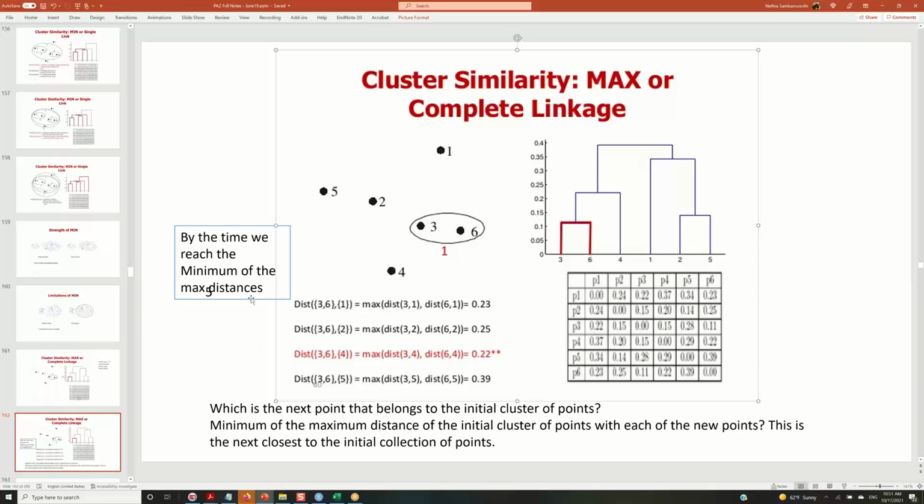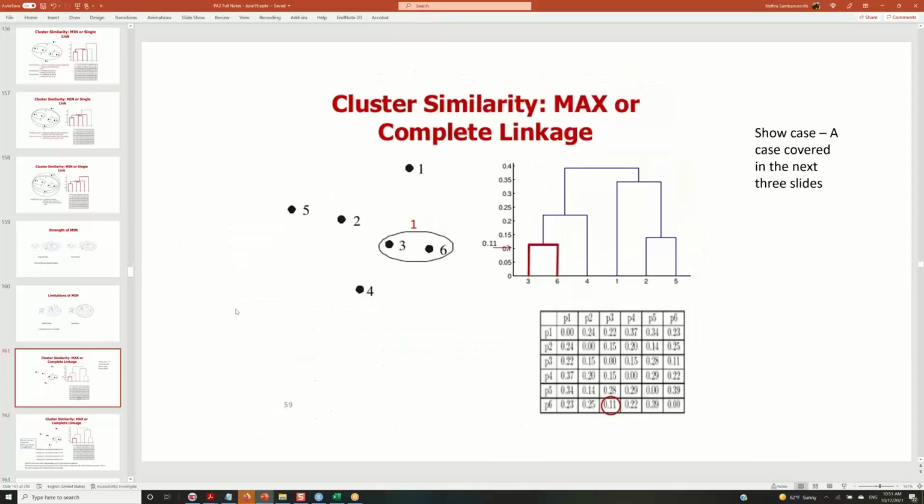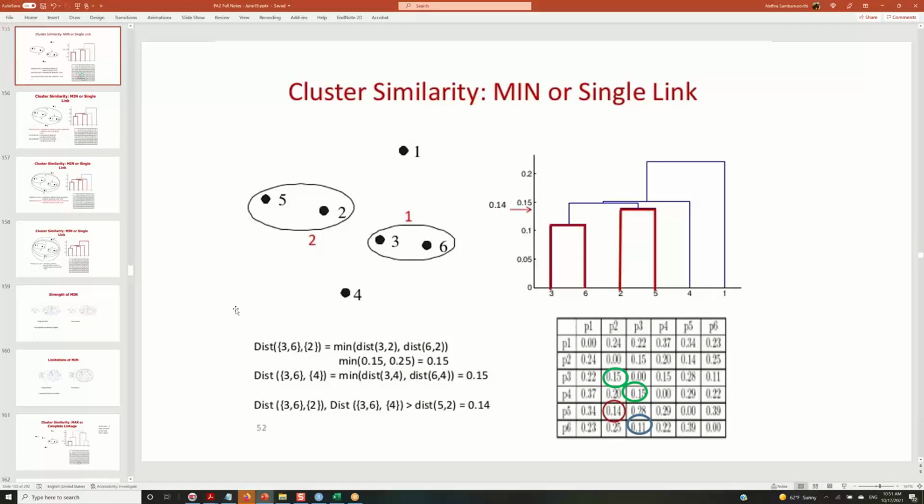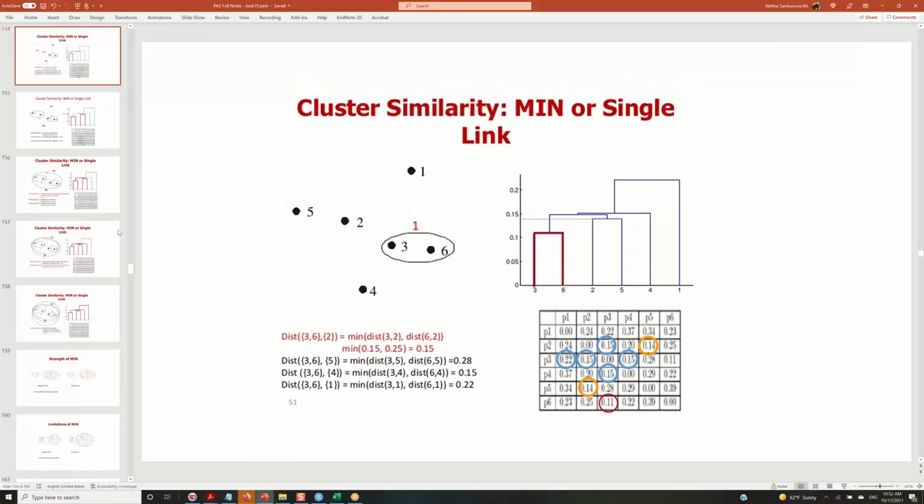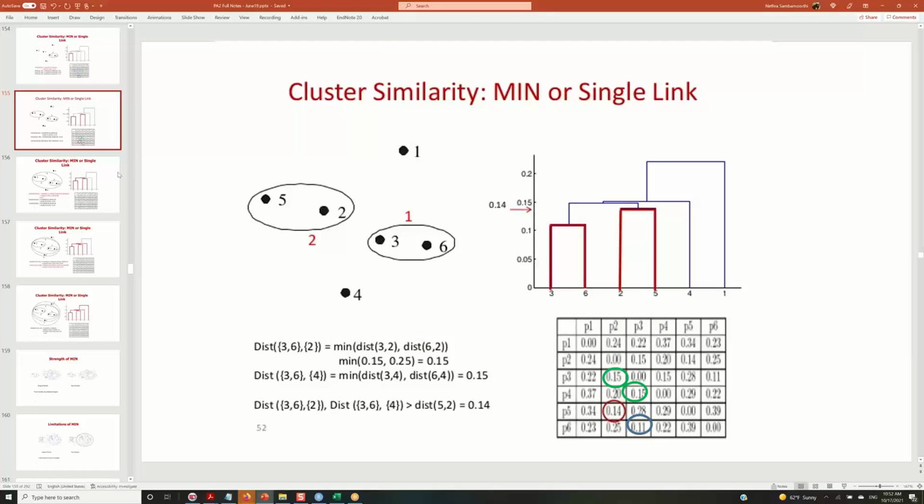So let me copy this and post it there also. It is always minimum, but whether they want to take the minimum of minimums, or the minimum of maximums, or the minimum of the averages. That's what we are talking about. Minimum of the minimum distances with respect to the whole group.